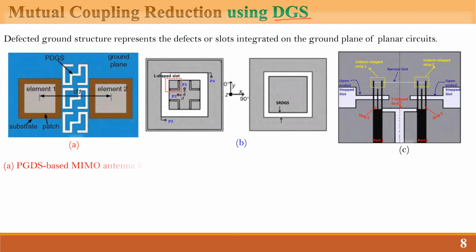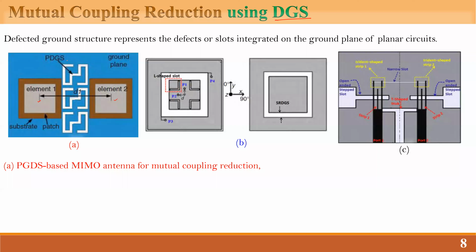Let me talk more about the first example, which was proposed around 2017. Here you can see one antenna element, a second antenna element, and in between, on the back side of the ground, they are putting a slot. Slot means there is no metal in the white portions; the blue is the metal.